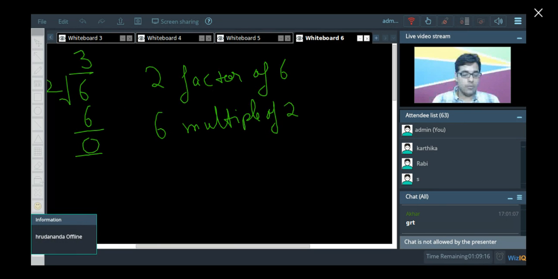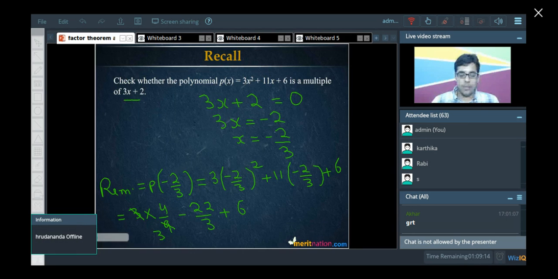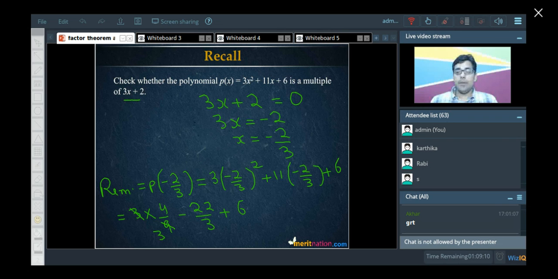Similarly, in the last expression, the polynomial is 3x square plus 11x plus 6 and it is divided by 3x plus 2. Without the long division method, we found the remainder using the remainder theorem. By putting 3x plus 2 as 0 and finding x, it becomes minus 2 by 3, and then P of minus 2 by 3 becomes 0.